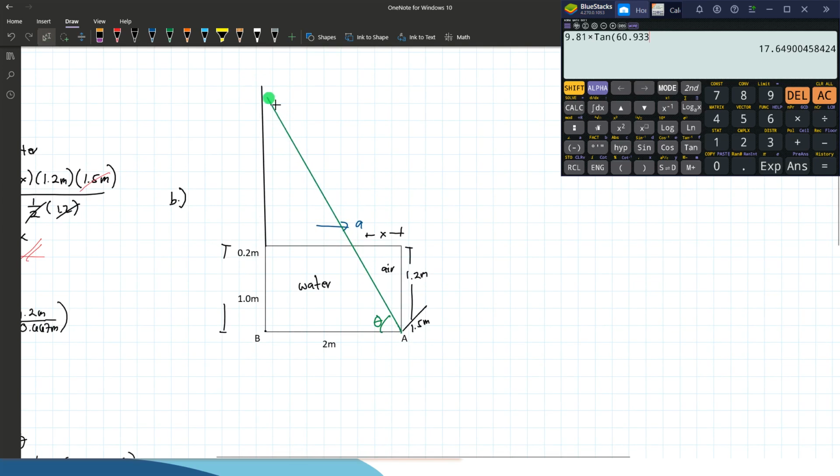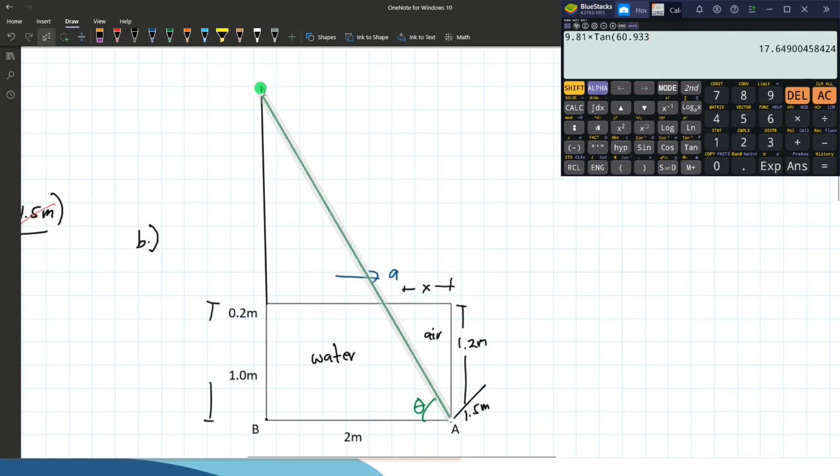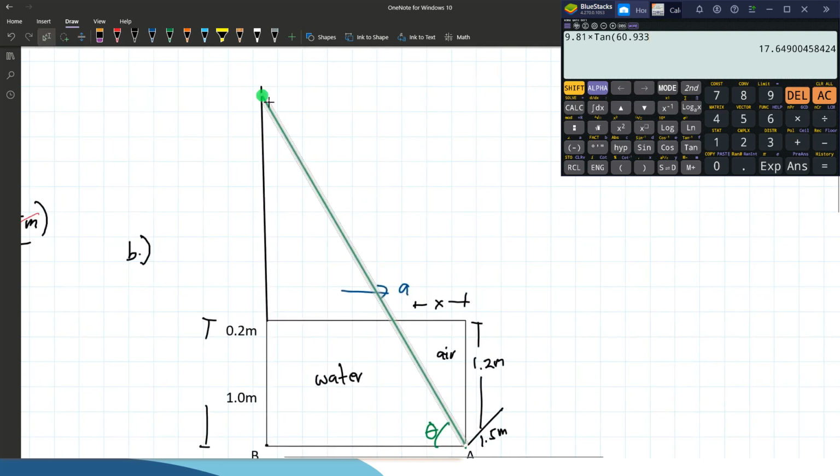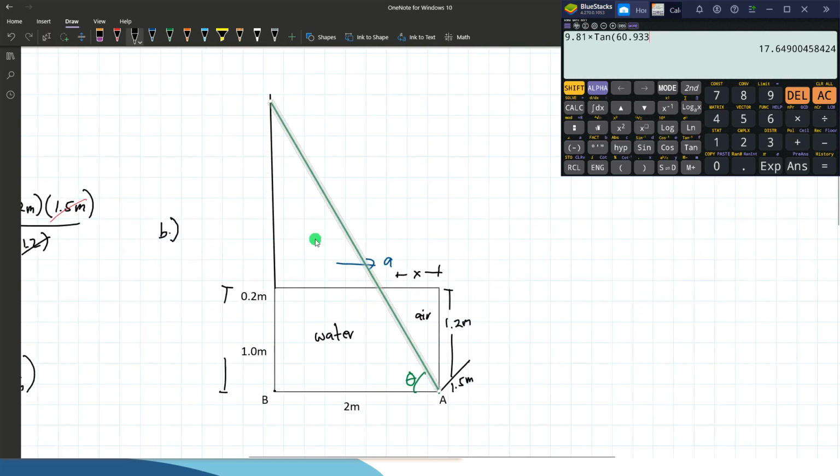So that's your point of intersection. Therefore, the pressure head that we will use in determining the pressure at point B is this height right here, this distance h. That's the total pressure head.